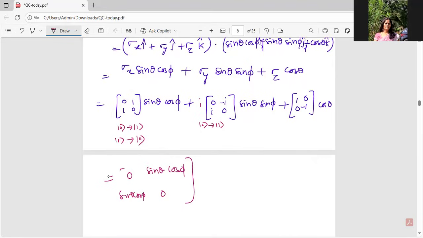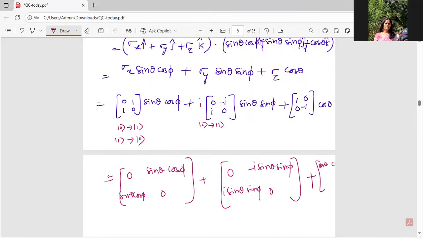This is my first matrix, guys. The second matrix would be 0, minus i sin theta sin phi, i sin theta sin phi, and 0, plus cos theta 0 0 minus cos theta. That would be my third matrix.